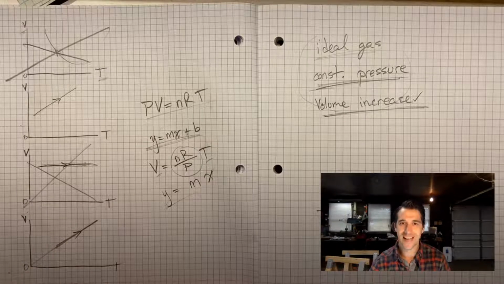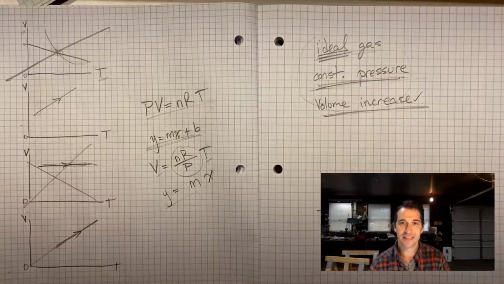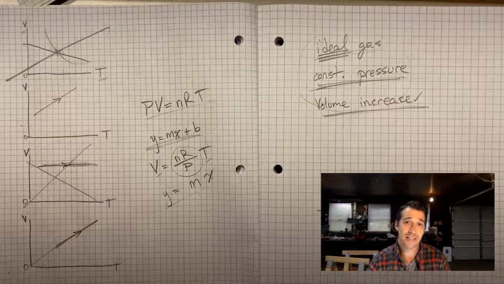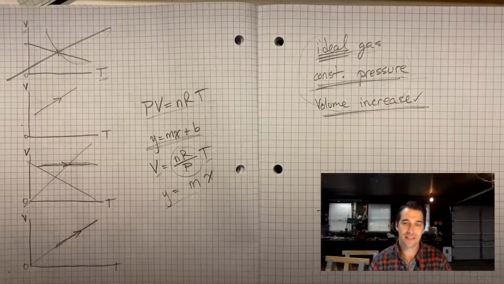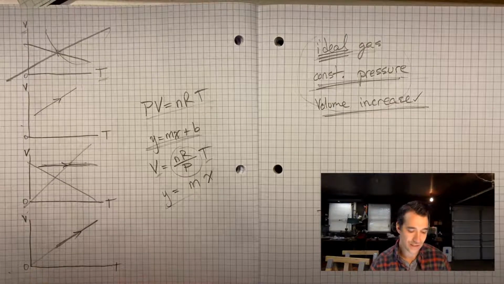Now, is that realistic? No. That's why they call it an ideal gas, right? It's ideal. It's not a real gas. It's in this ideal world. So, no, it's not actually possible, right?